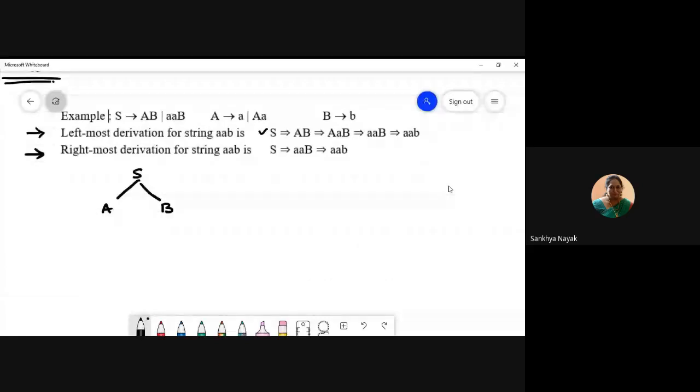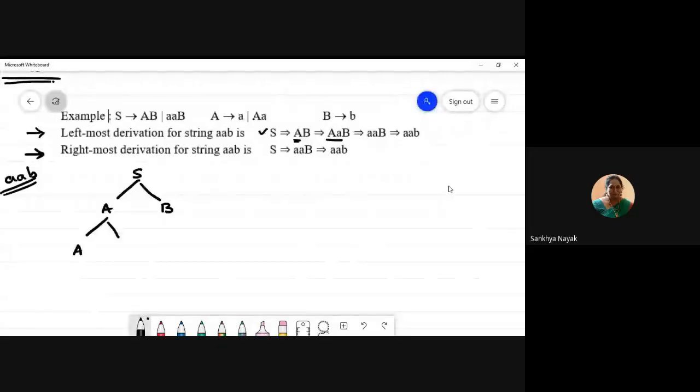Basically, I am trying to generate AAB. And then this first A is expanded as AA, correct? And then this A is replaced with this A and B is replaced with B. This is one tree. Now let us see the second one.